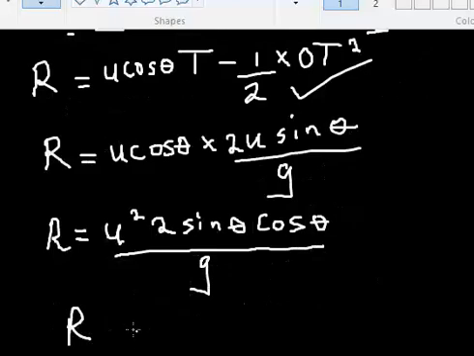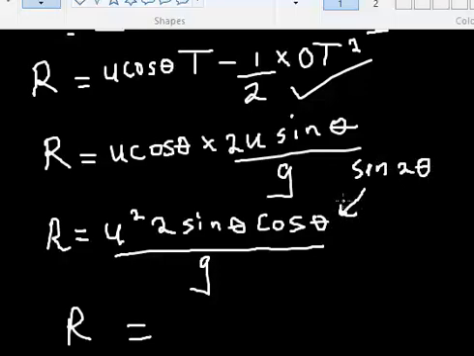So now the range becomes U squared times 2 sine theta cos theta over G. In trigonometry, we call it compound angle. 2 sine theta cos theta is equal to sine 2 theta.